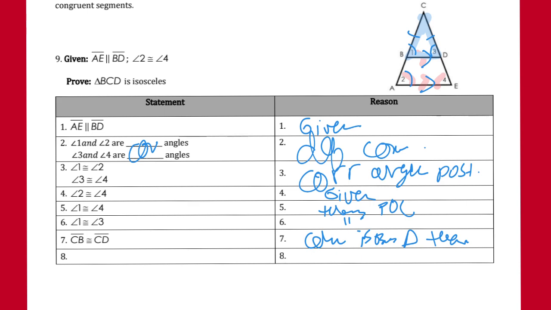And then the last thing we're going to write is, therefore, triangle BCD is isosceles. Why? The definition of isosceles triangles. We just said that two of the sides are congruent, so therefore we must have an isosceles triangle.